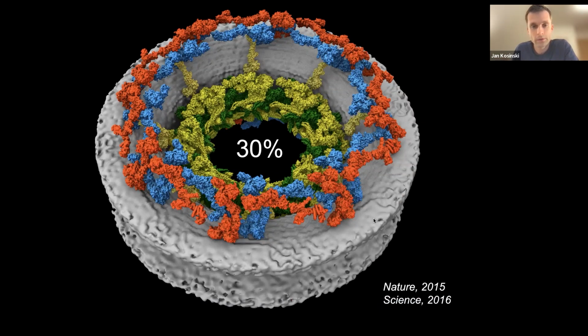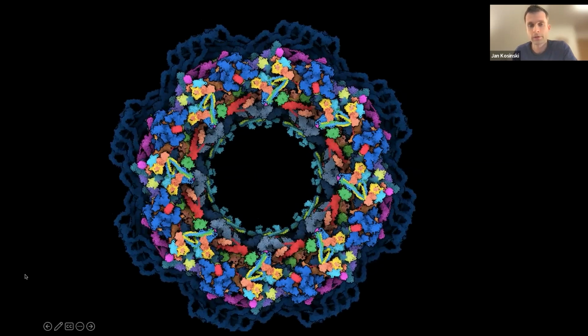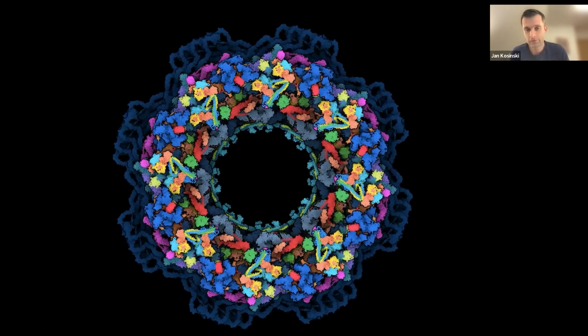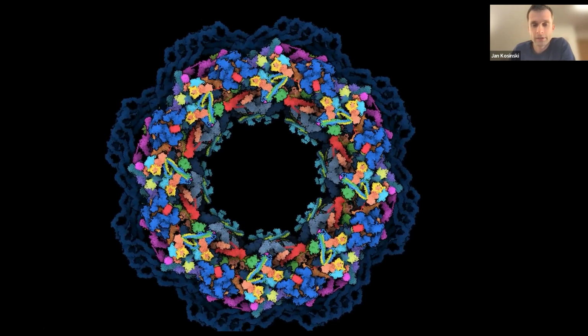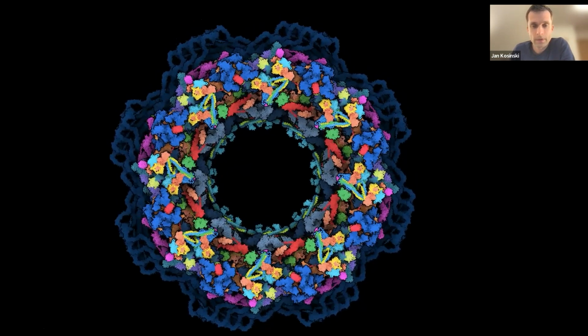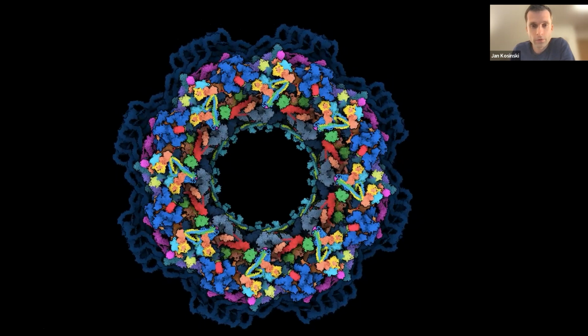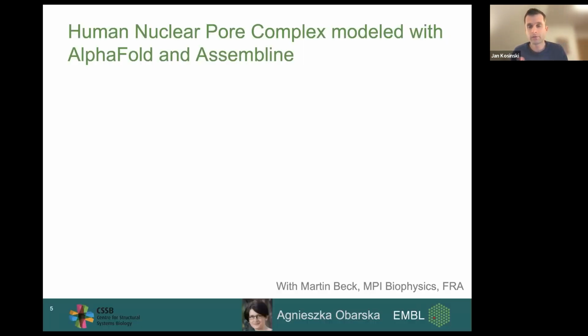And together with Martin, we continued working on this nuclear pore complex, also on nuclear pore complexes from other species. And this year, for instance, we published an update on the structure of the human nuclear pore complex, combining now AlphaFold and Assembline together.